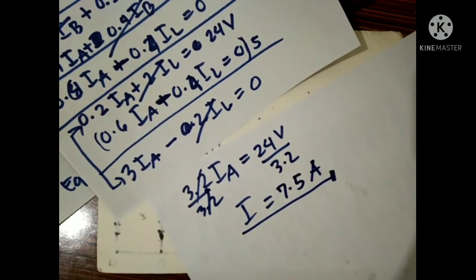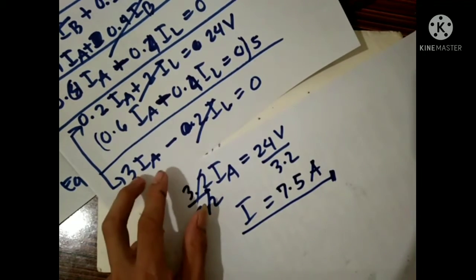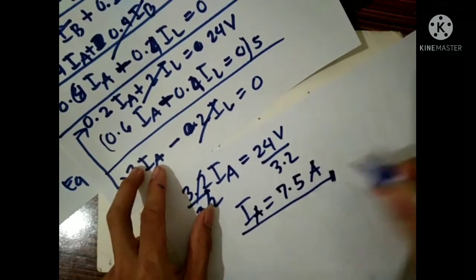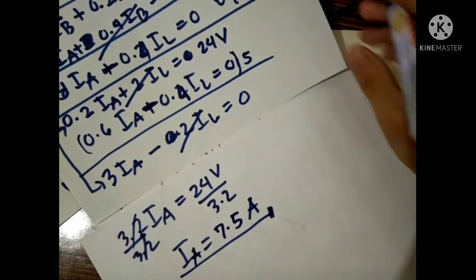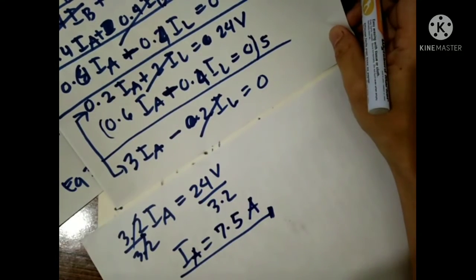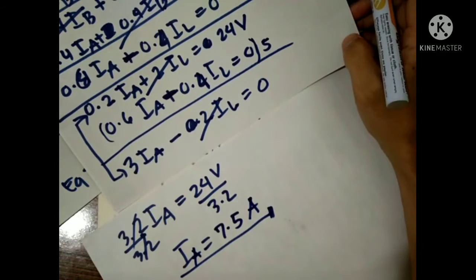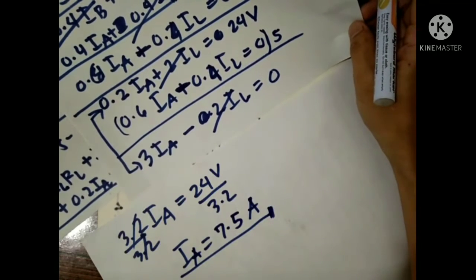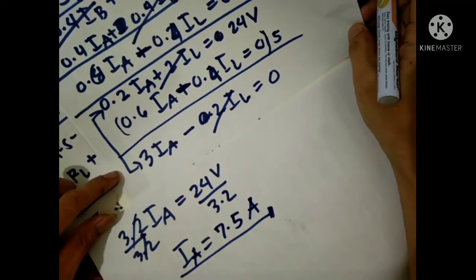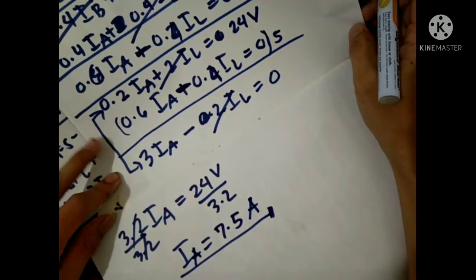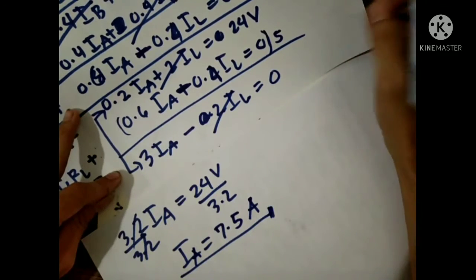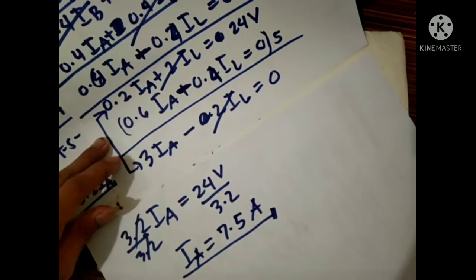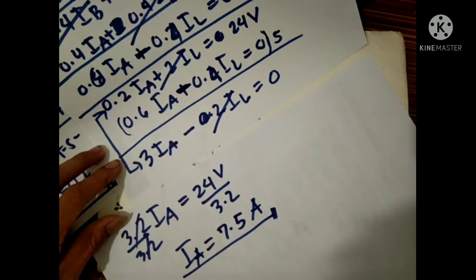So since we already have the IA value, we can find the next value for the IL. So we can find the value for IL using equation 4.